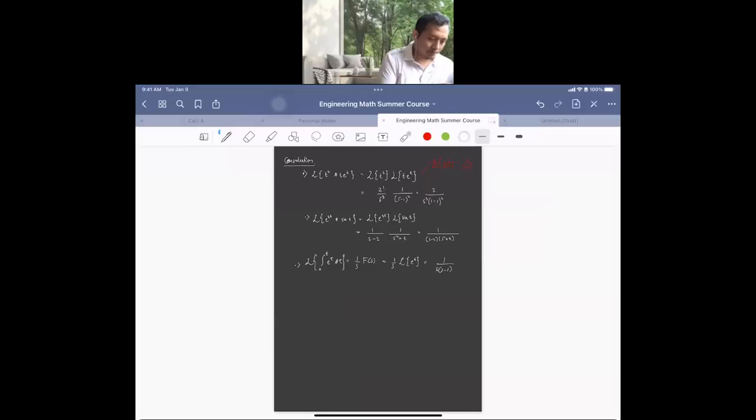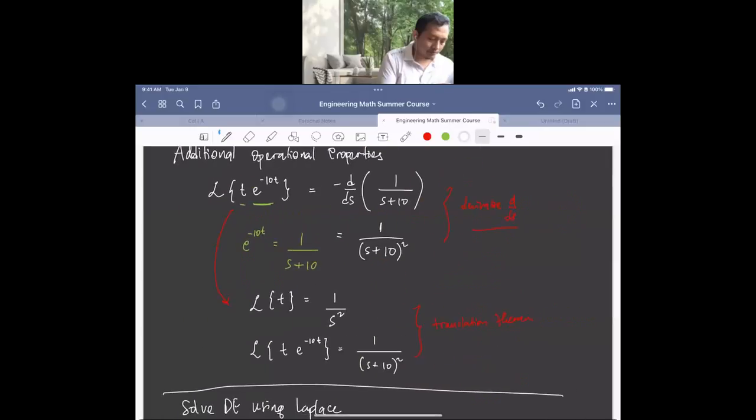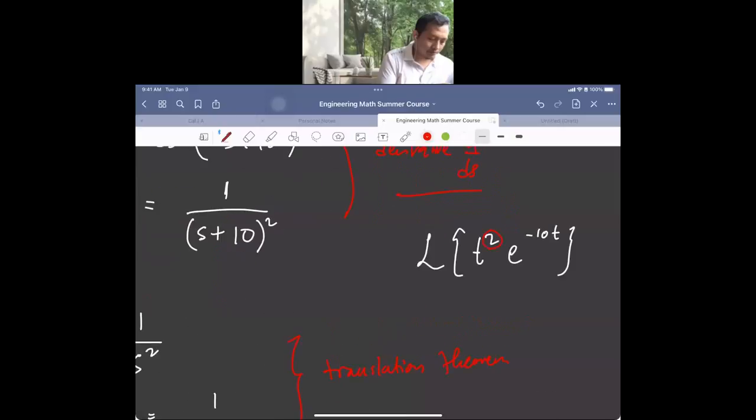I think that's just a small reminder on Laplace, the convolution, and the derivative. Especially for the derivative, when we have t times functions, it means that we are going to use the derivative. If we have Laplace of, for example, t squared e^(-t) tan t, then we need to differentiate twice. So the power of t gives you the clue on how many derivatives you will be doing.